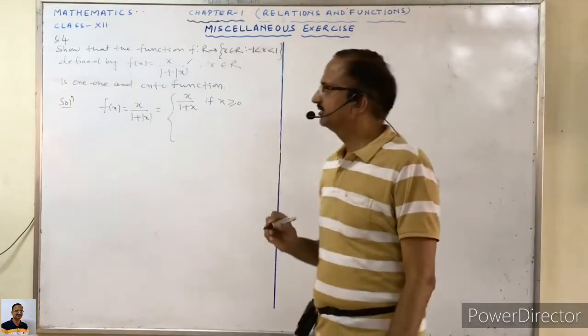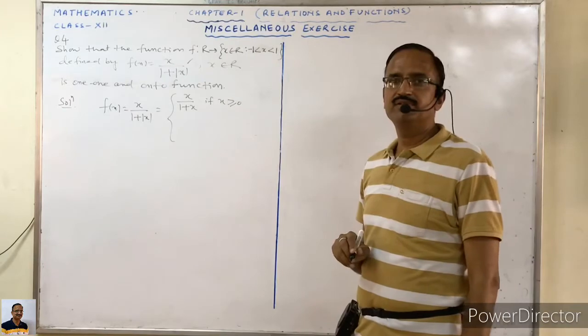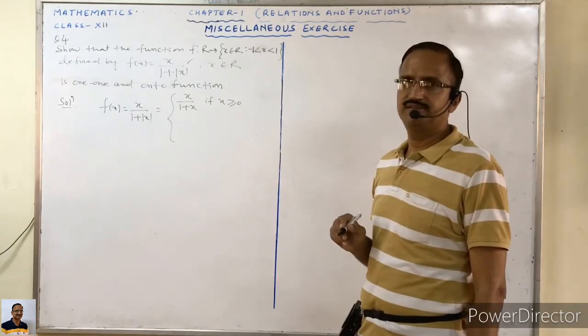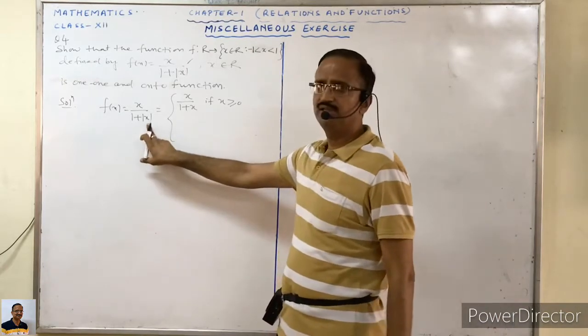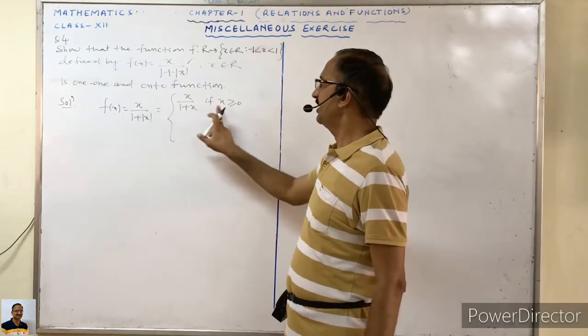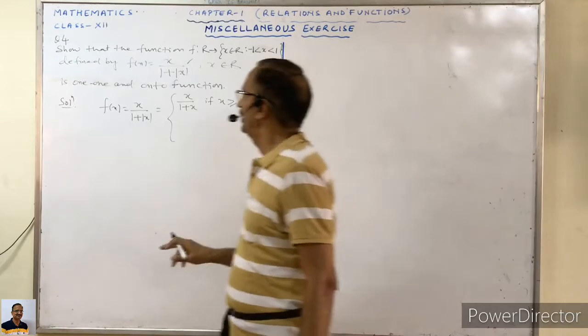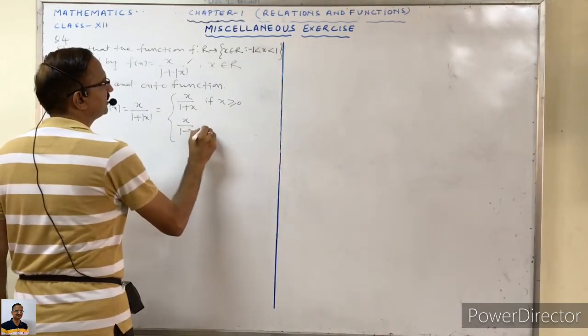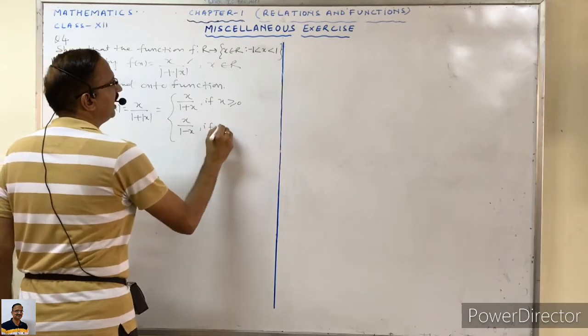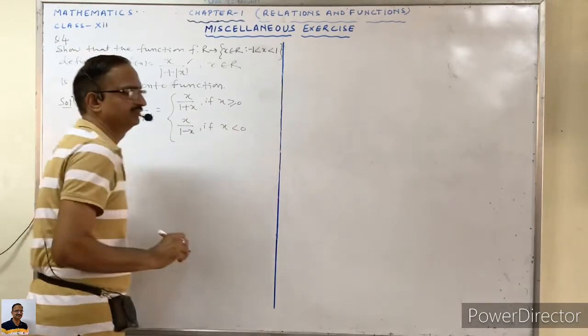This we have written with the help of the property of the modulus function, how the modulus function is defined. So this is positive when x is greater than or equal to 0. And x upon 1 minus x if x is less than 0.